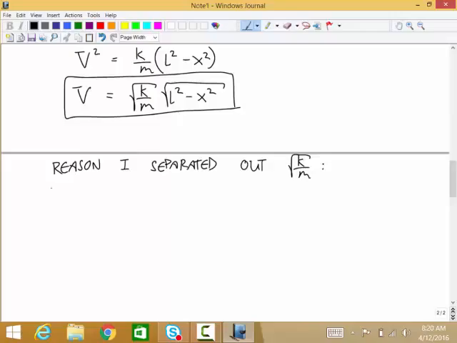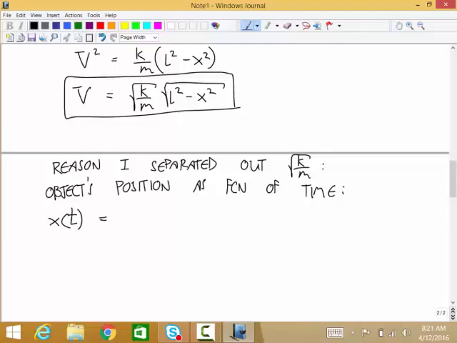The object's position as a function of time, so x of t is equal to, in this case, negative L cosine of square root of k over m t.